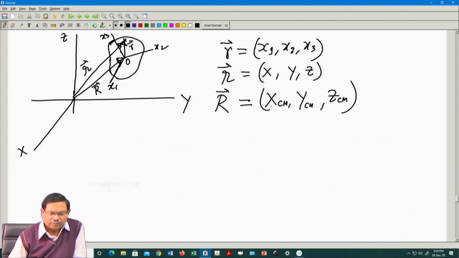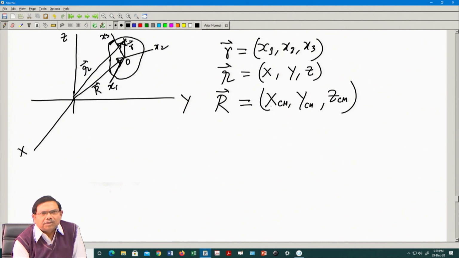However, it is not mandatory to consider the origin at the center of mass of the moving frame. Although choosing the center of mass as the origin for a coordinate system fixed with the moving body simplifies calculation a lot.